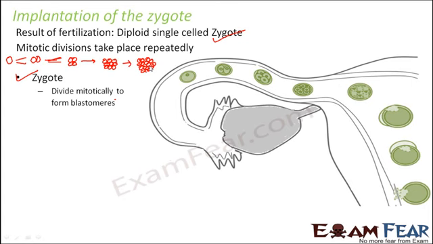This is how repeated division takes place, and these multi-cell structures are known as blastomeres.